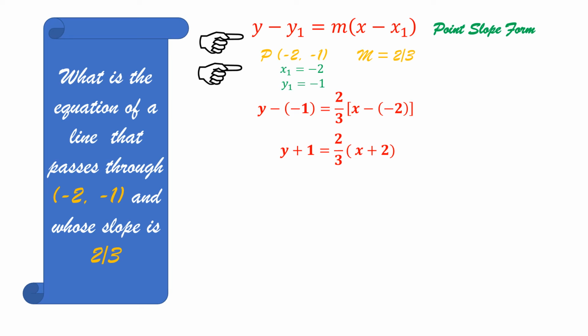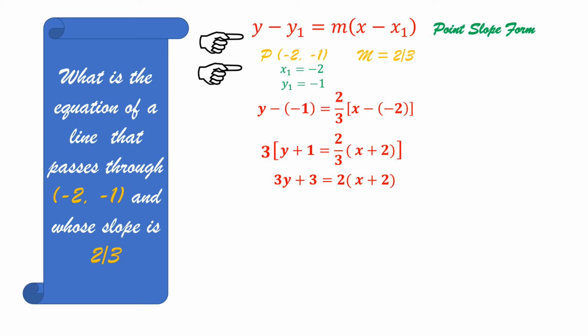To remove the denominator 3, we will multiply each term by 3. Using the distributive property, you have 3 times y is 3y, 3 times 1 is 3, and on the other side, we already cancelled out the 3, so the remaining terms are 2 times the quantity x plus 2.